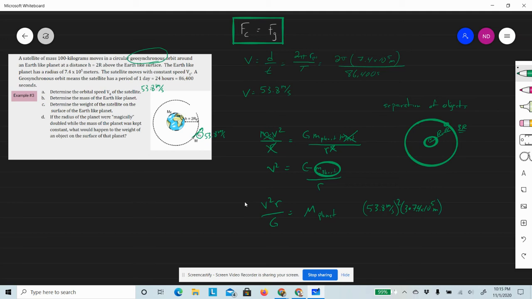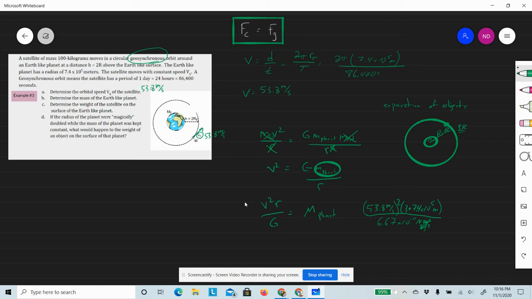There's 3 of those: 7.4, 7.4, 7.4. Divided by the universal gravitational constant, 6.67 times 10 to the minus 11 newton meters squared per kilogram squared. Whatever. Okay, now just arithmetic.